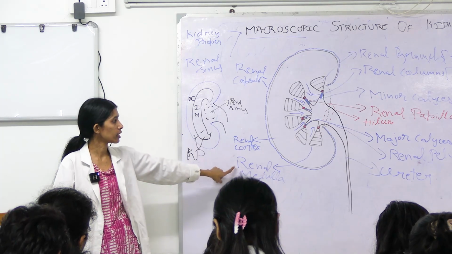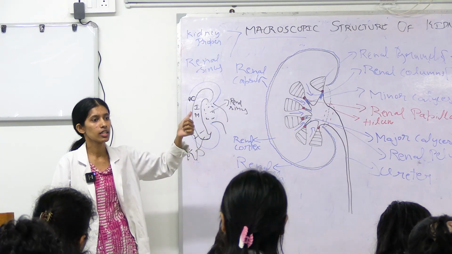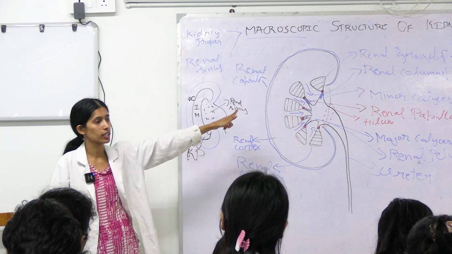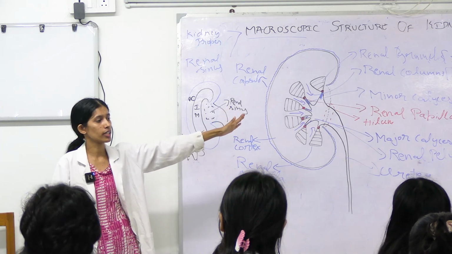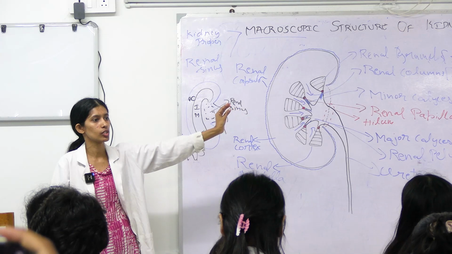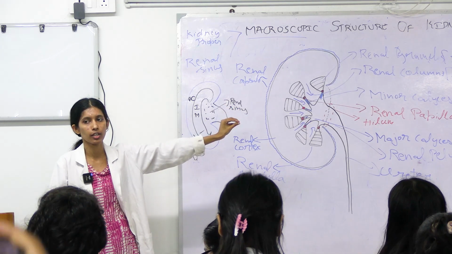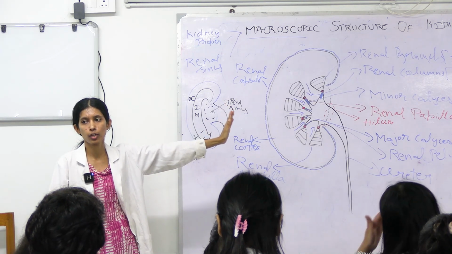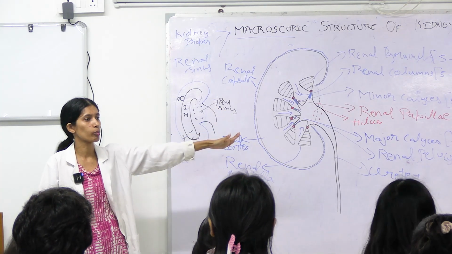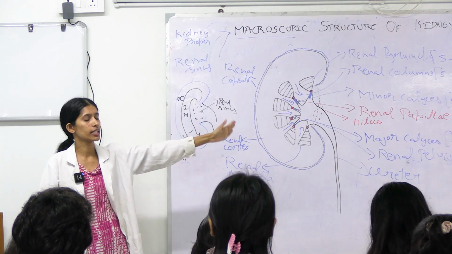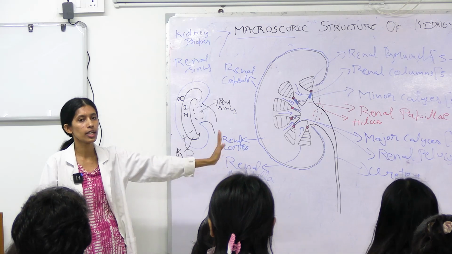In the renal medulla we can see renal pyramids followed by renal papillae and minor calyces. The minor calyces will join together in a larger area called major calyces, which are only 2 to 3 in number. Later, the major calyces will open into your renal pelvis, and the renal pelvis will continue as the ureter.